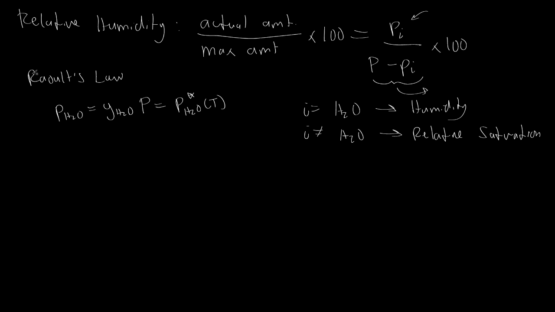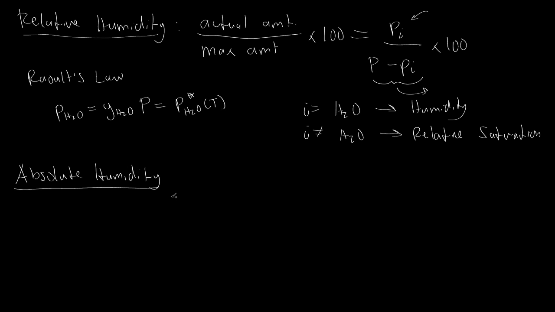The other most common way to express humidity is what we call absolute humidity. Again, we can use the same nomenclature here to refer to this as absolute saturation as opposed to absolute humidity. And again, the only difference is the nomenclature of whether or not it is water.